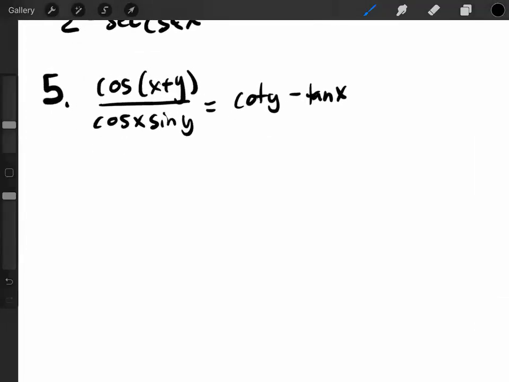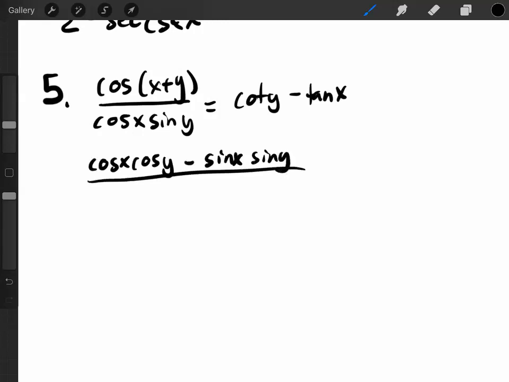So we have cosine x cosine y minus sine x sine y over cosine x sine y.